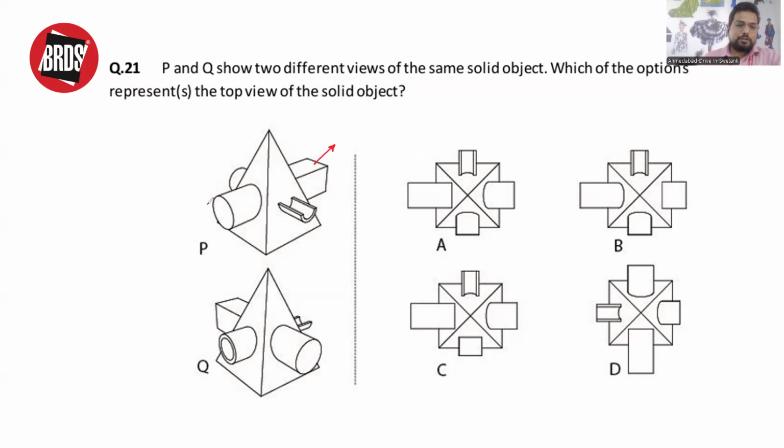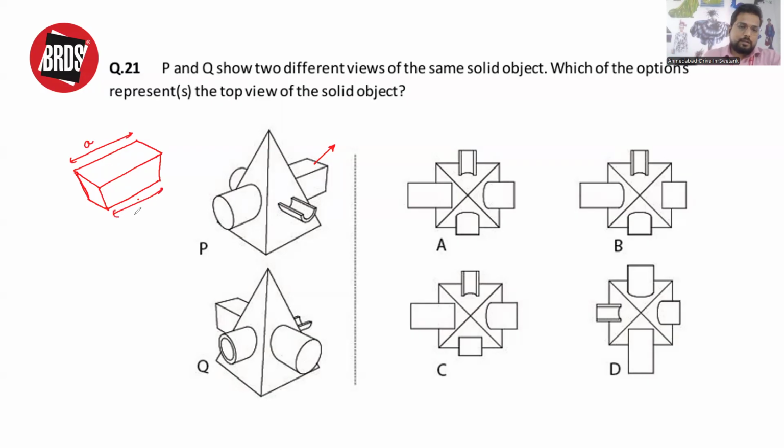The cuboid would be crossing this pyramid something like this, where definitely these two lengths would be different.